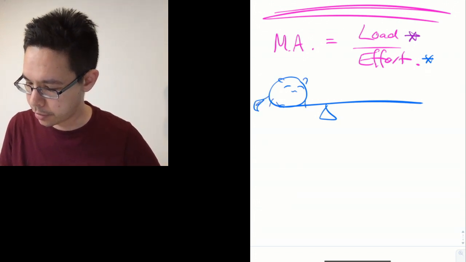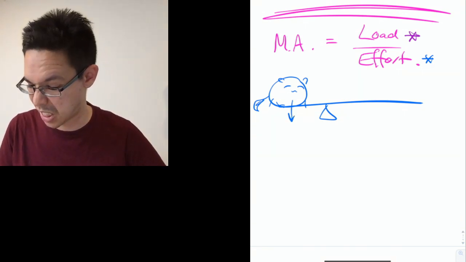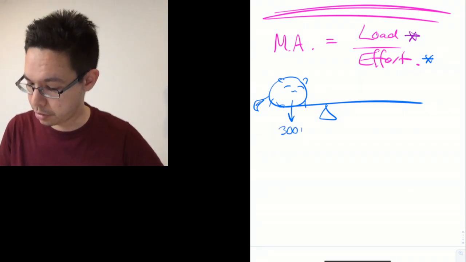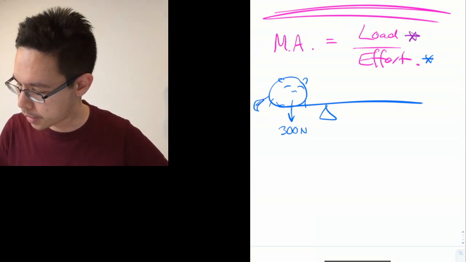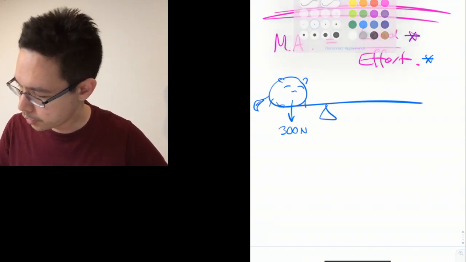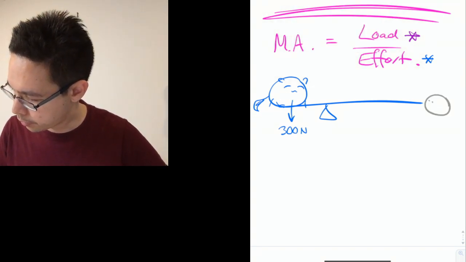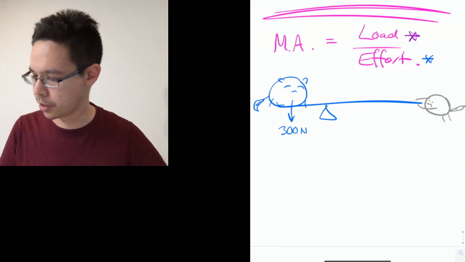Okay, so if I've got a lever and I've got a really fat cat on this side, and let's say this cat here has a weight force of, let's say, 3,000 newtons, or 300 newtons. 3,000 might be a bit much. And then let's say I have got Physics Cat on the other side. Here's Physics Cat Potato. That doesn't really look much like a cat.